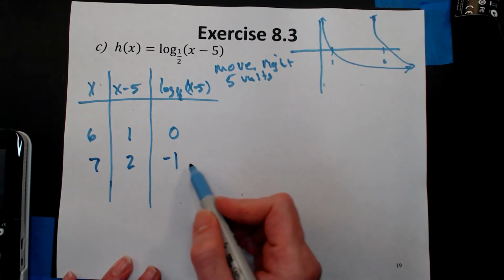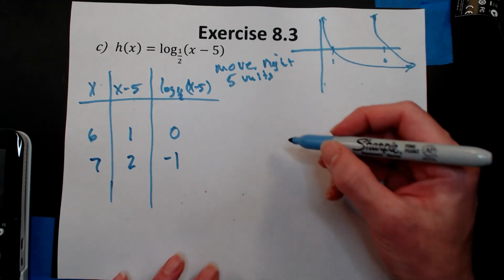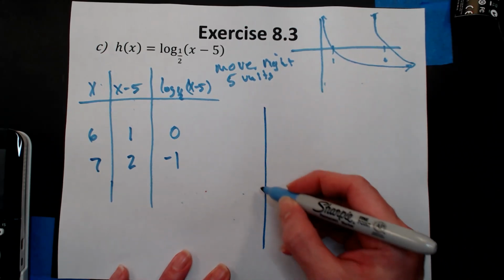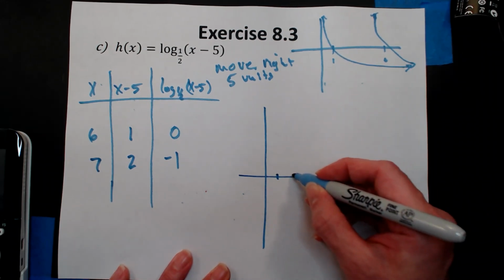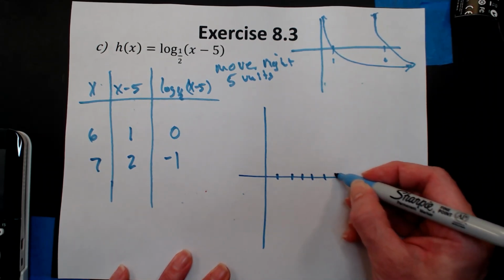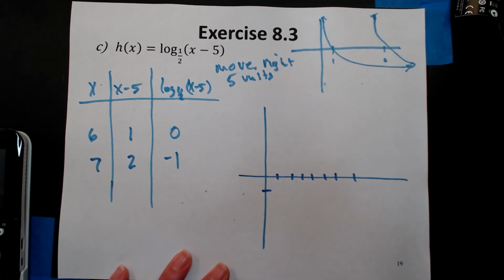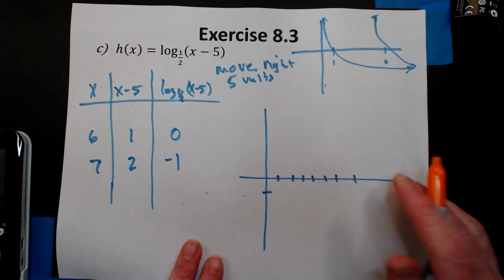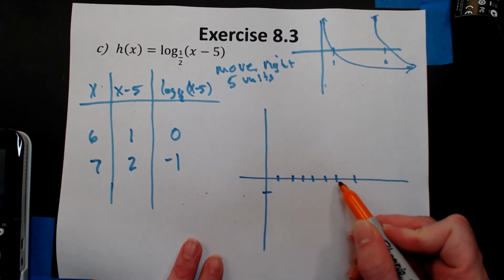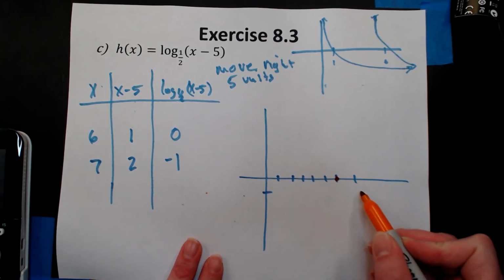So I plug in 7, I'm going to get -1 back out. And so it's very similar to what we did before. We're going to get 1, 2, 3, 4, 5, 6, 7. I need -1. Here I'm going to need the points 6, 0, and 7, -1.